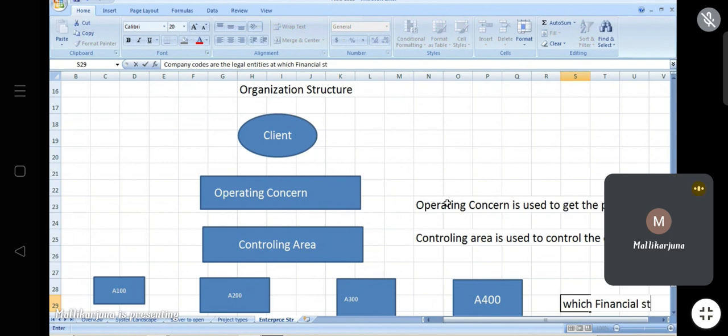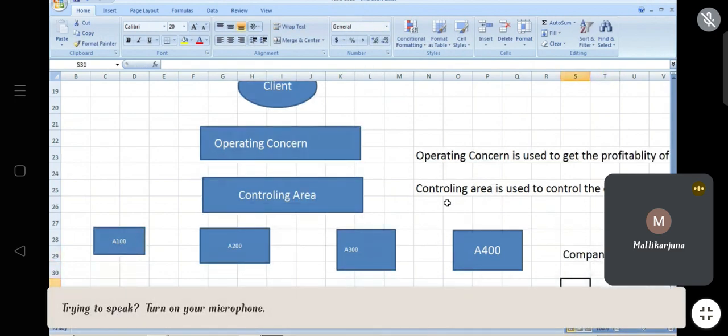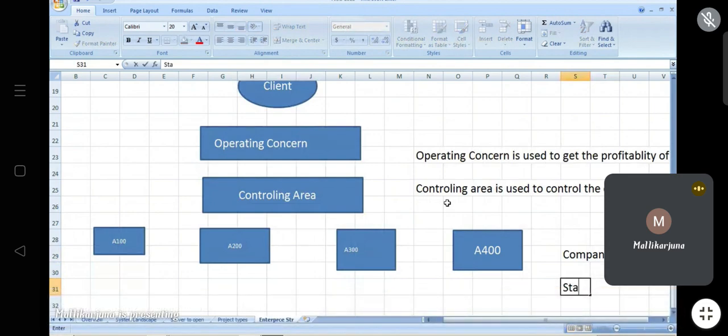Your statutory reports will be drawn from the legal entities.